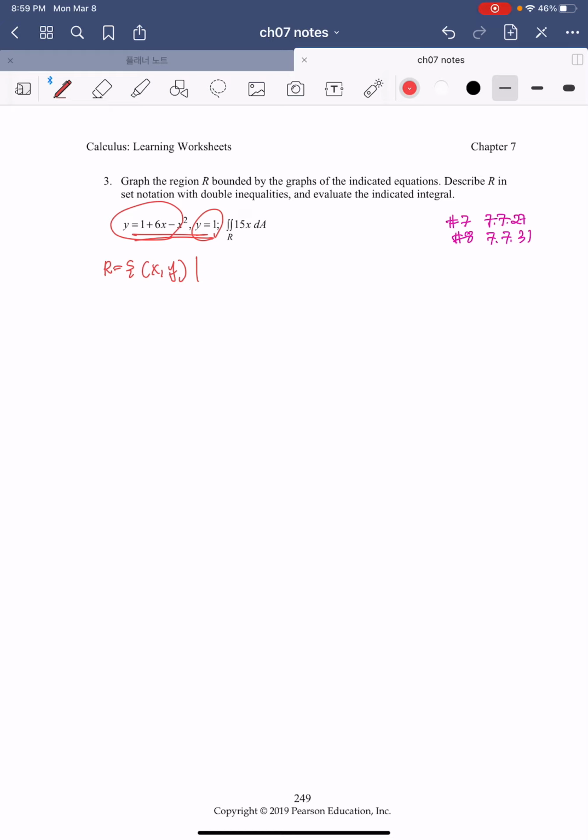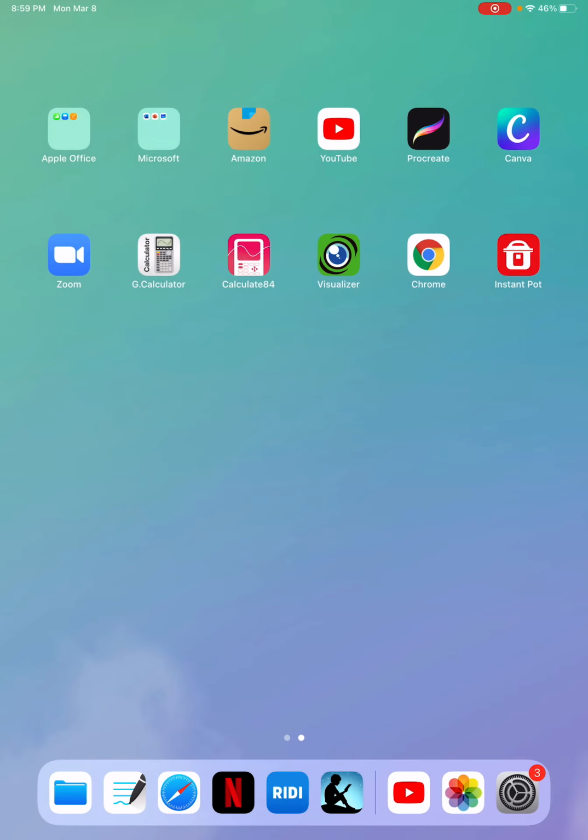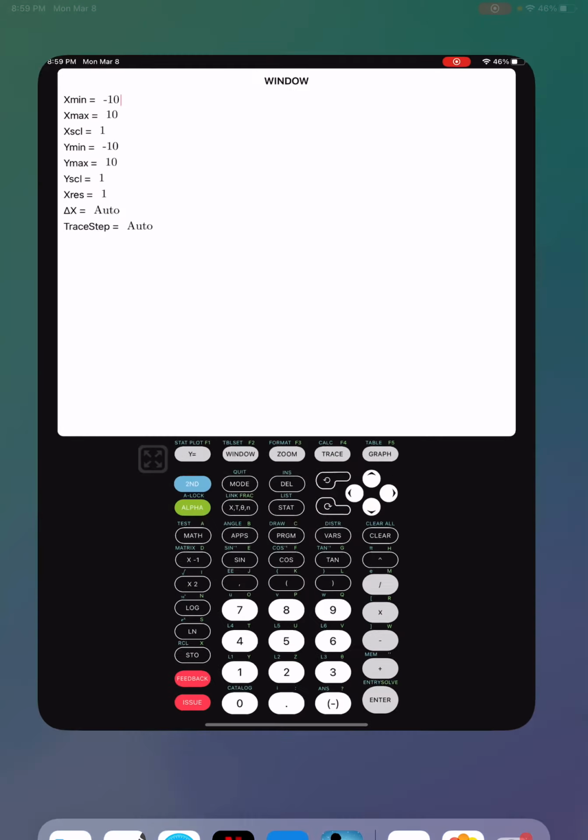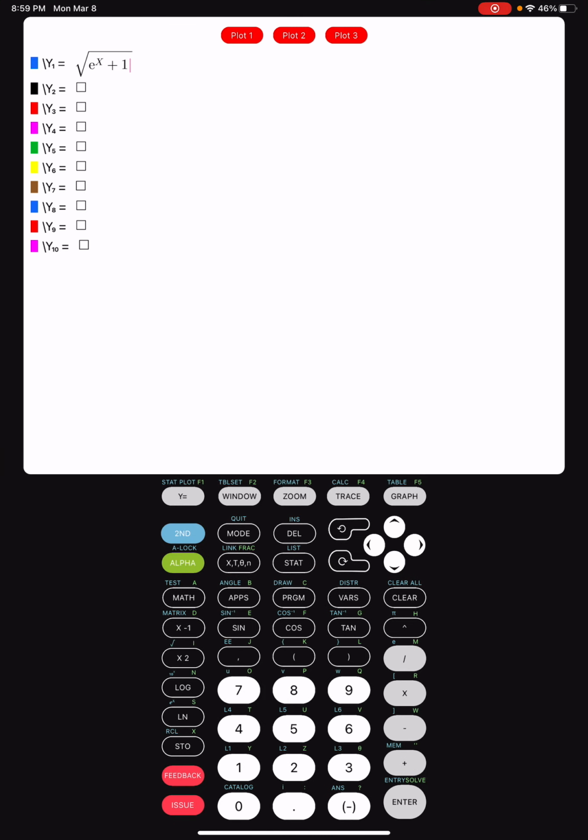Now I'm going to use a graphing calculator just to see what's going on. So if I put these two graphs, one of them was 1 plus 6x minus x squared, and then the second function was y equal 1.